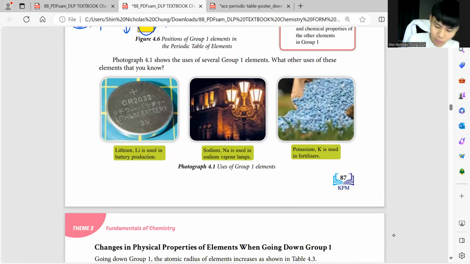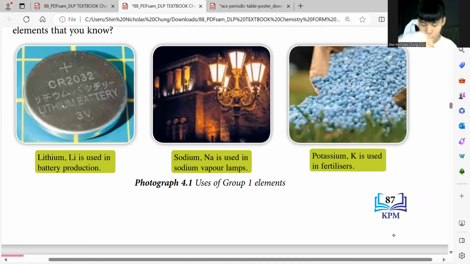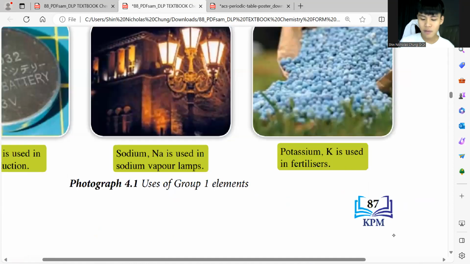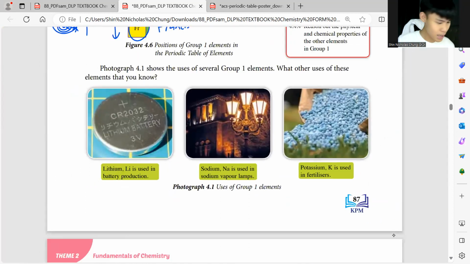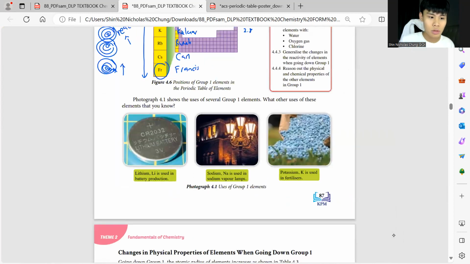And then for alkali metals, we have a few applications here. Lithium is used in our battery, like our phone battery, all the batteries, we use lithium. Sodium, we use it in street lights. Potassium, we use it in fertilizer. And there are still other applications, the extras. For example, baking soda, we use sodium as well, sodium salts.